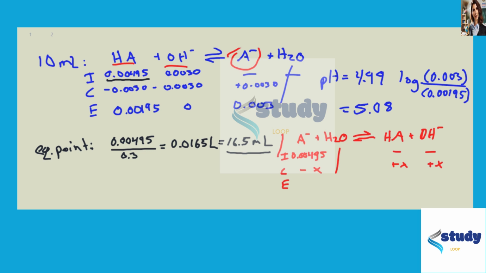So if we go ahead and solve, we actually put the concentration. So the concentration would be, we need to divide by 46.5. So we had 30 initially. So now our total volume is equal to 46.5 milliliters.